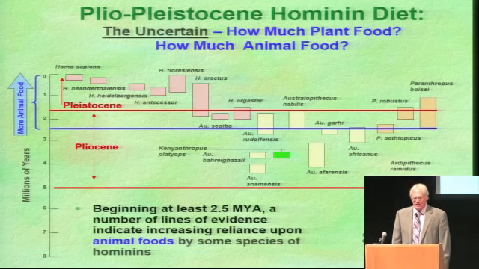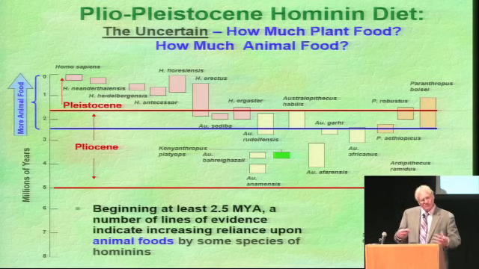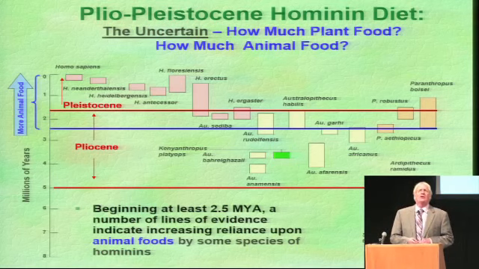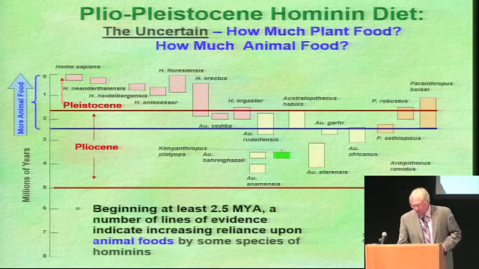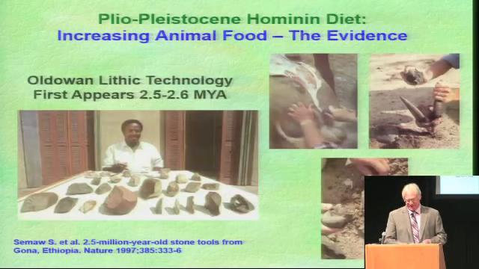Well, we really don't have a good data set to say one way or the other. One thing we can say is that starting about 2.5 million years ago, maybe even earlier, maybe even 3.5 million years ago, they were consuming more and more animal foods in their diet. So let's see what that evidence is.